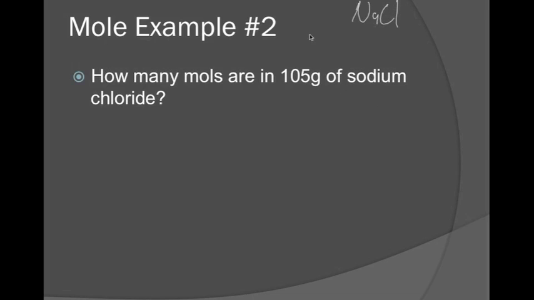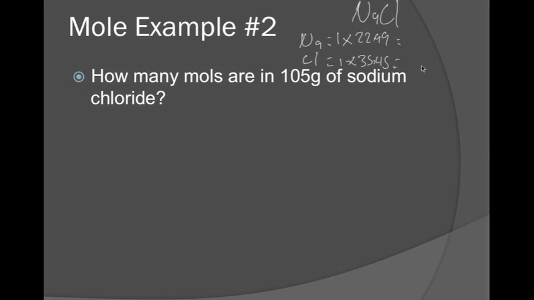And what I do with the formula is I figure out, well, how much of each do I have? So I have sodium and I have chlorine. I have 1 sodium, 1 chlorine, and I multiply those by their atomic masses. So sodium is 22.99, and chlorine is 35.45.